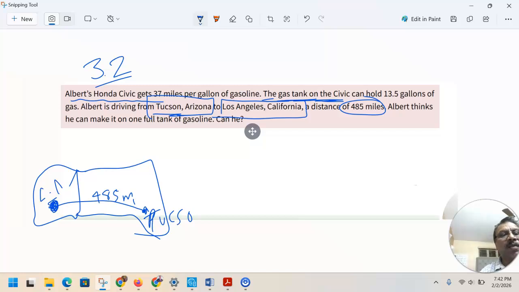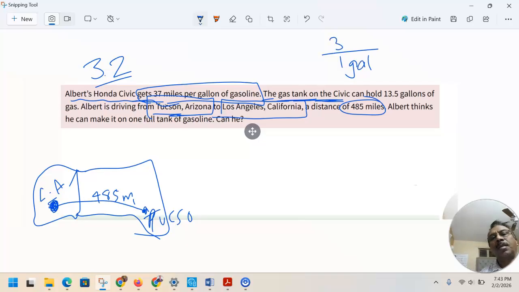Now, for the Honda Civic, they gave us the rate: 1 gallon gives 37 miles. The question is, with a full tank from here, will he be able to reach LA?